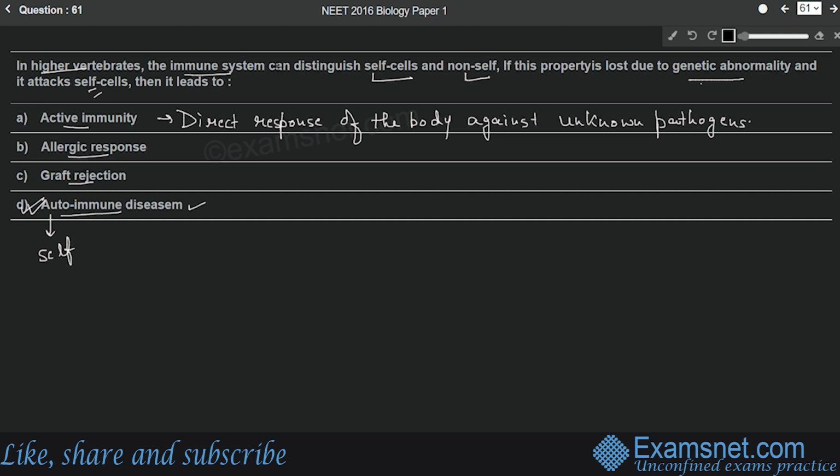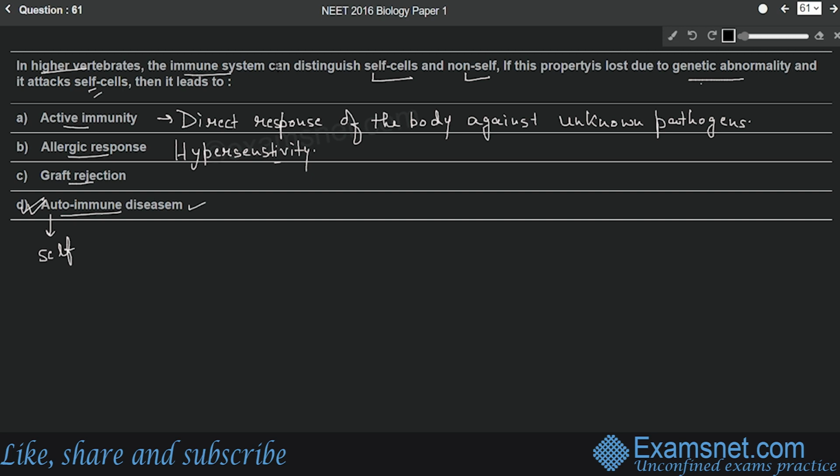Second one is allergic response. So it is the response due to hypersensitivity of the body to certain antigens, right?